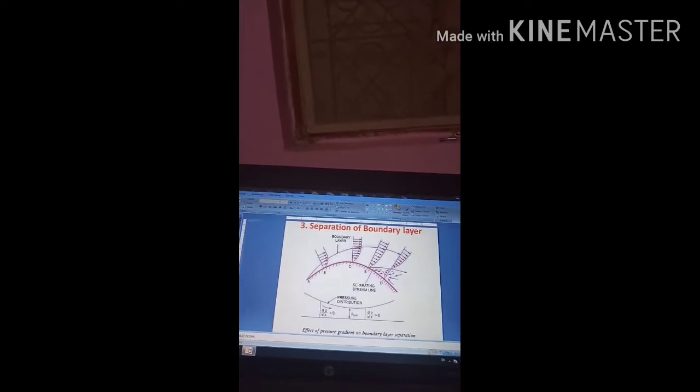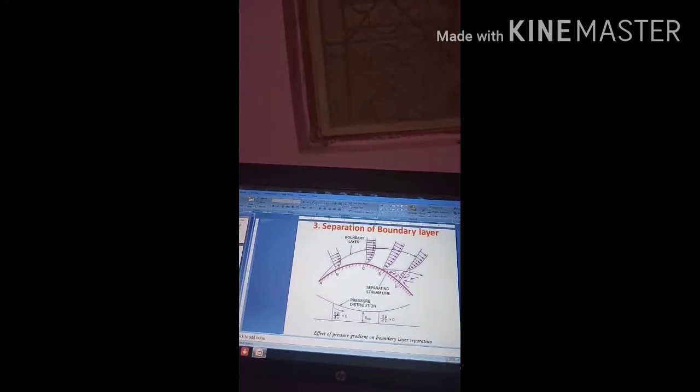But the problem comes when the pressure gradient becomes positive. A positive pressure gradient means the pressure goes on increasing. The normal trend is that the pressure should go on decreasing, from higher pressure to lower pressure.